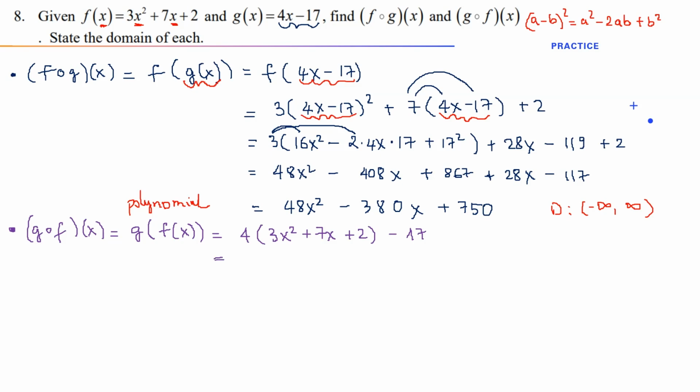Now that equals 4 times 3 is 12x squared, 4 times 7 is 28x, plus 8, minus 17. That equals 12x squared plus 28x, 8 subtract 17 is negative 9.